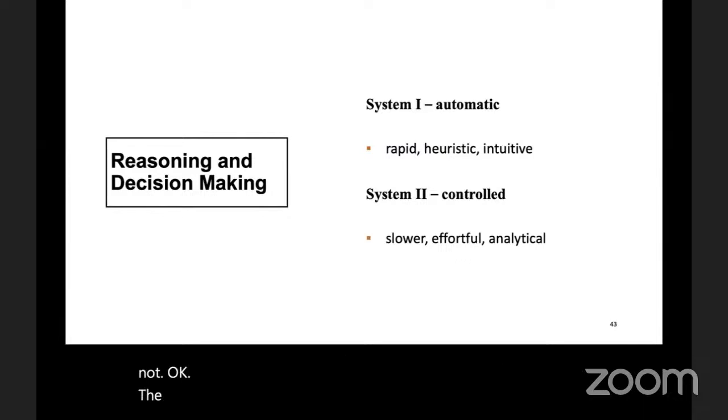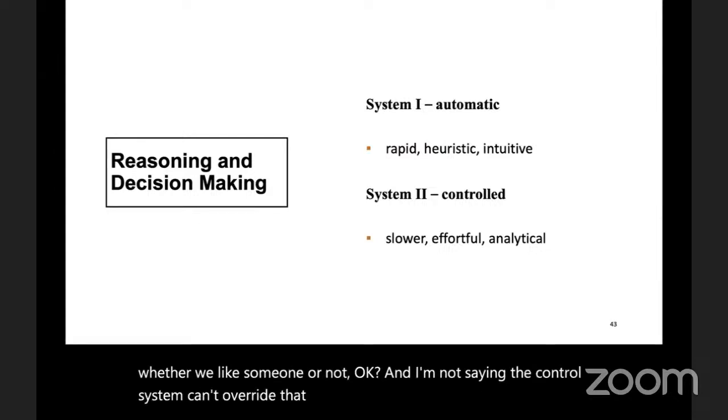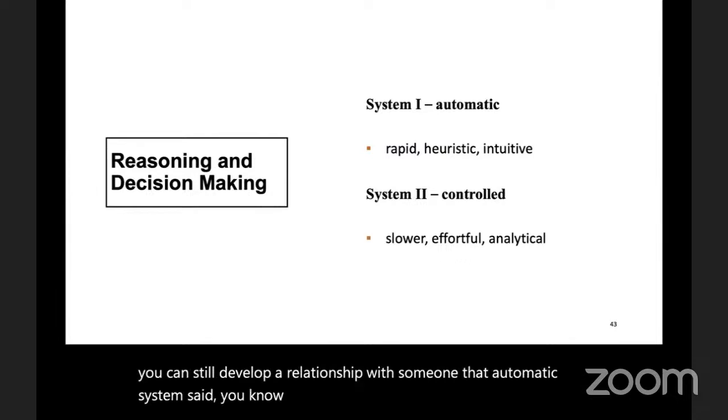The control system is the one that we think we use to determine whether we like someone or not. And I'm not saying the control system can't override that automatic process, because it can. You can still develop a relationship with someone that the automatic system said no to, but it becomes very difficult.